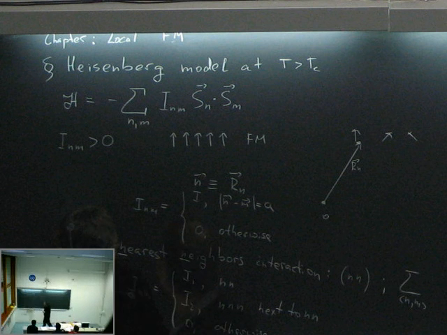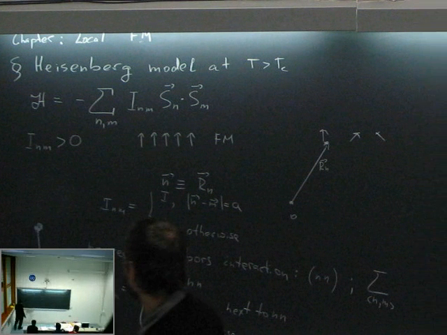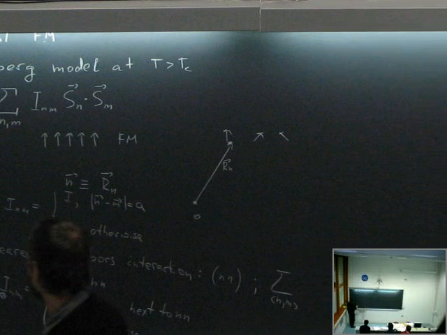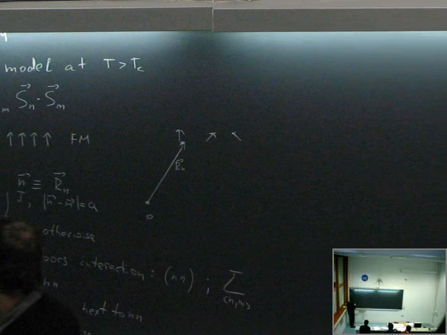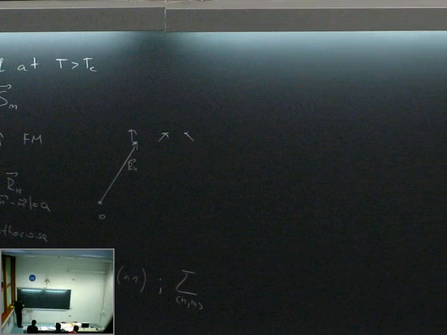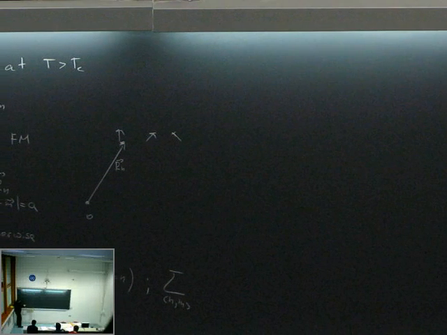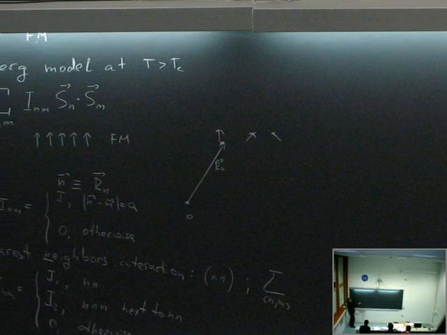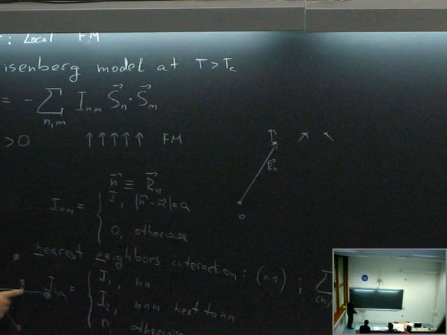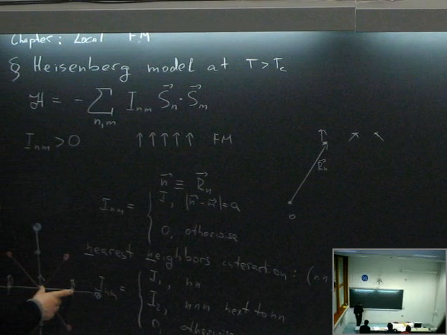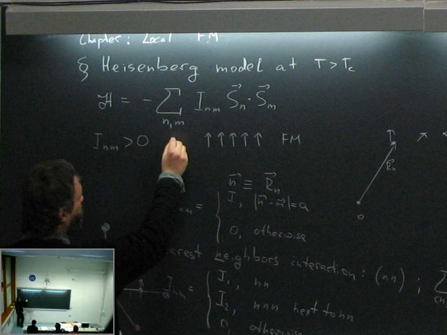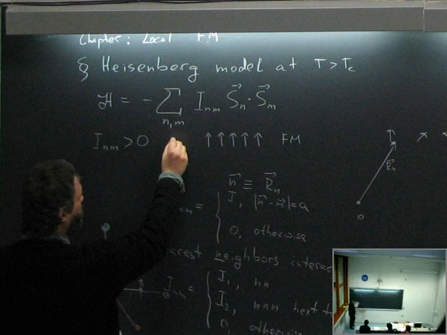Okay, as I said, if all exchange integrals are positive, you see that there is no contradiction, that all spins want to be aligned. But anyway, the total structure of alignment tells us that in the ground state, namely at 0 temperature, and today we are not discussing 0 temperature, it will lead to a ferromagnetic state.